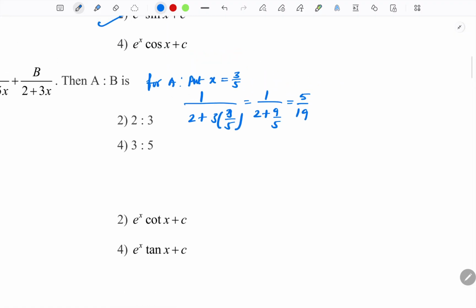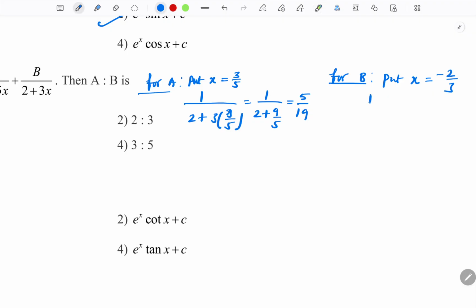Next, for b, what is our substitution? Put x equal to minus 2 by 3, where it goes to 0, as I already told.